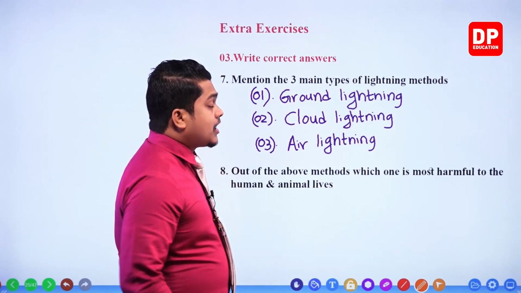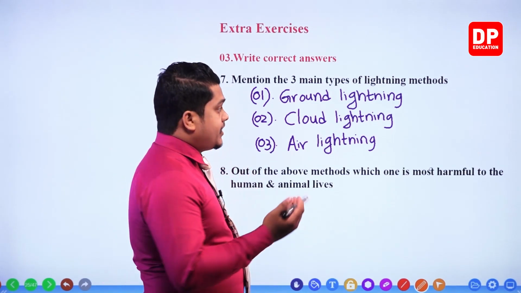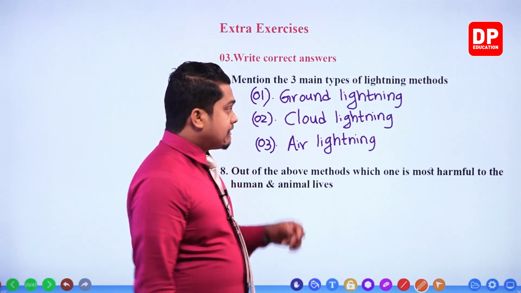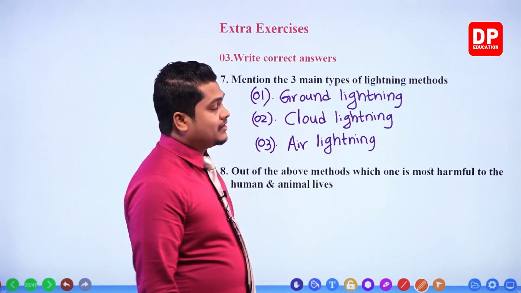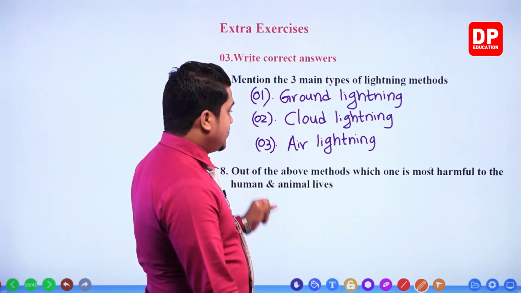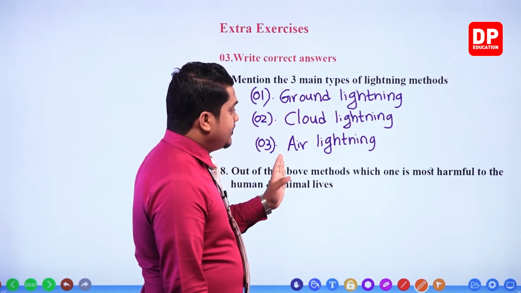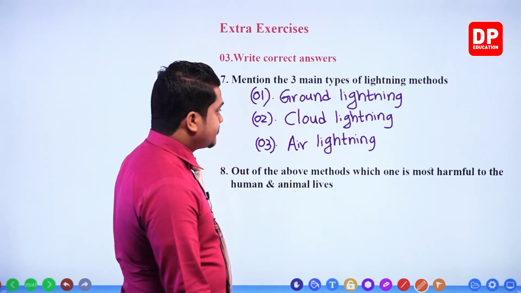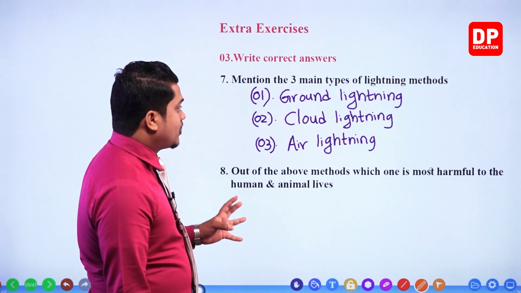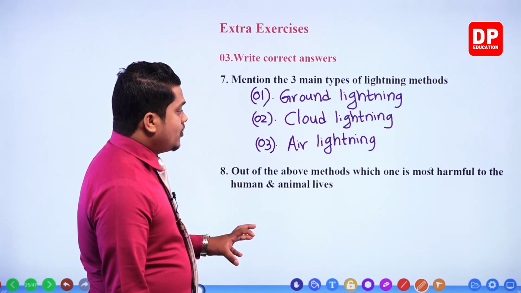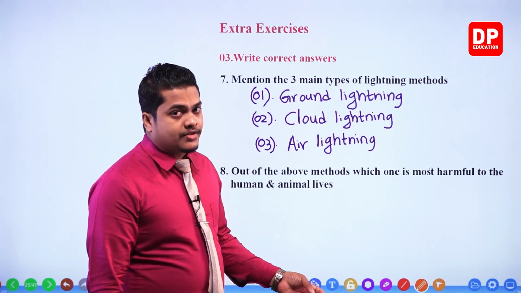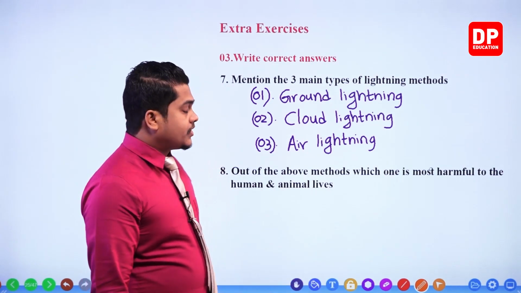So cloud to ground lightning is referred as ground lightning. Then cloud to cloud lightning, that's the cloud lightning. Cloud to air lightning, that's air lightning. So lightning can occur to cloud or to ground or to air, my dear children. That means to the atmosphere.